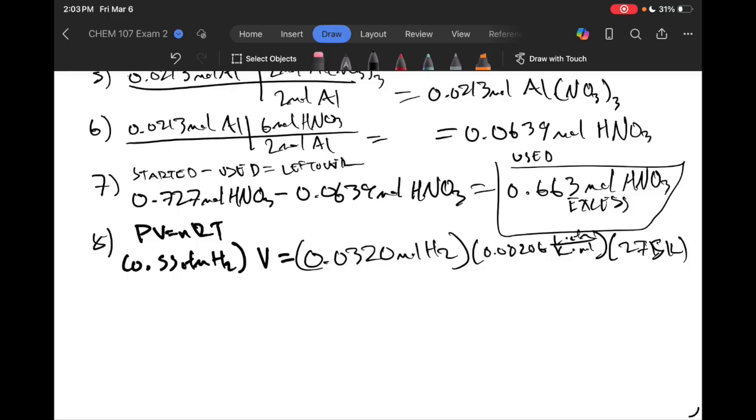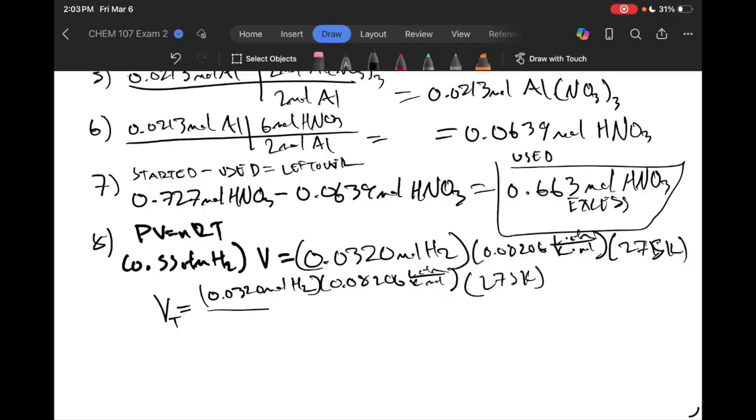So isolating the variable, volume, or theoretical volume, is equal to 0.0320 moles of H2 times 0.08206 liter atmospheres over Kelvin mole times 275 Kelvin over 0.55 atmospheres of H2.